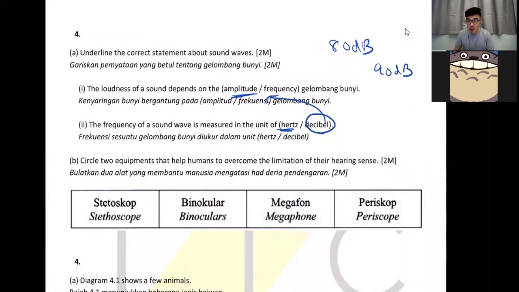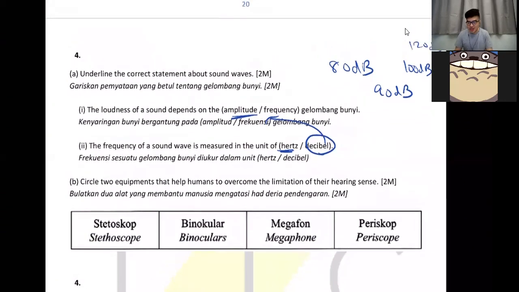If you switch on your earphone very loudly, or you listen to rock music or dance music, those very upbeat music, you can go to 100. If you go to a rock concert it's like 100 to 120. 120 is a rock concert.